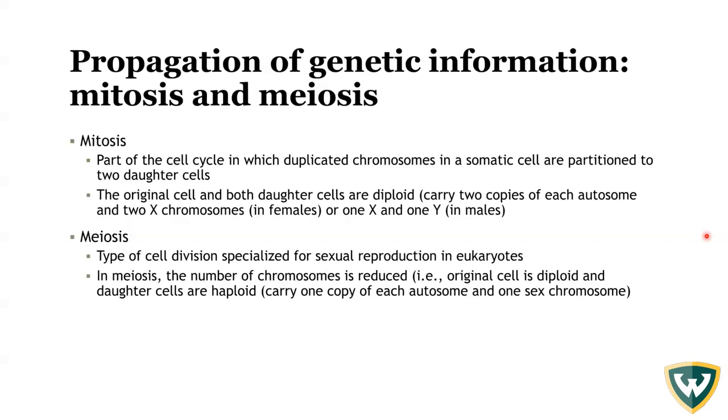This is in comparison to meiosis, which is gamete-specialized sexual reproduction. That results in 4 daughter cells that carry half the genetic information of the original parent cell, so that when 2 gametes eventually come together, you'll have the full complement of chromosomes that we generally think of.